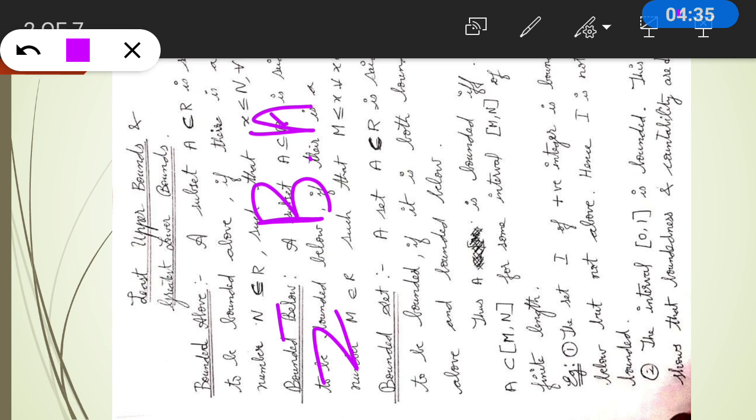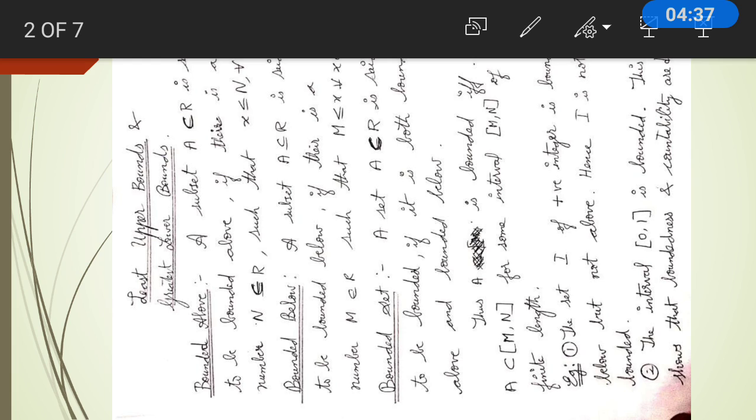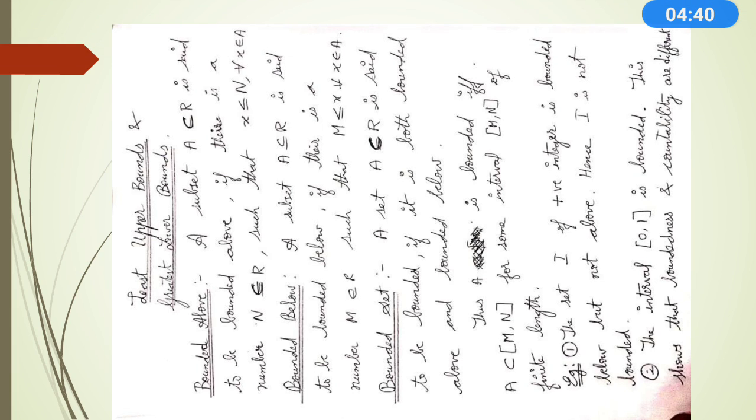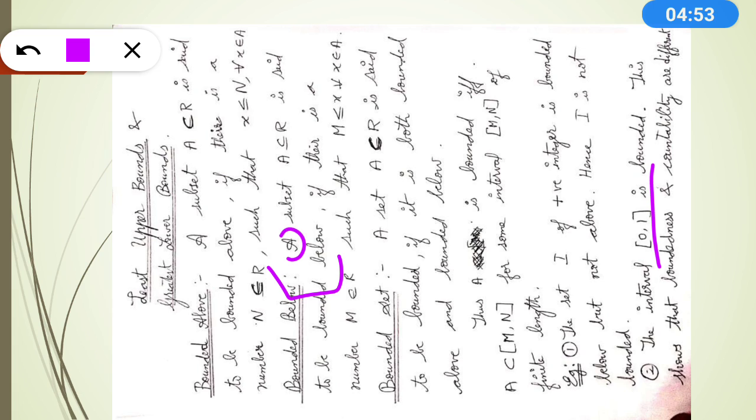Okay, and as I said, any closed interval will be bounded. Okay, here the interval 0, 1 is bounded. This shows that boundedness and countability are different. Why is 0, 1 bounded? Because if I take 0, 1, I can find many elements like -1, -2, -3, etc., which are less than my given closed interval 0, 1.